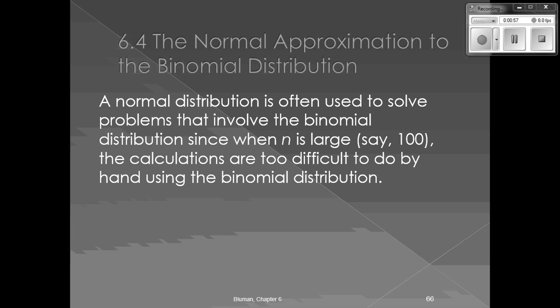So when you have something with two options, a success and a failure, and you're doing a lot of different trials with them, you're able to use the normal distribution, or a bell curve, as an approximation for these binomials. So that's what this section is about: using our normal distribution for binomial type problems.